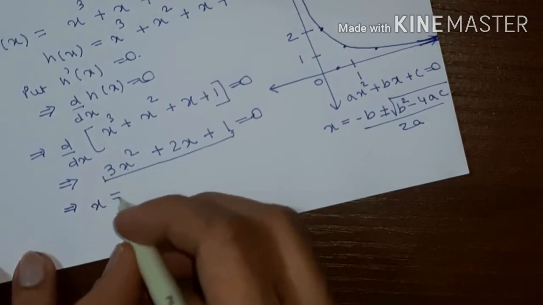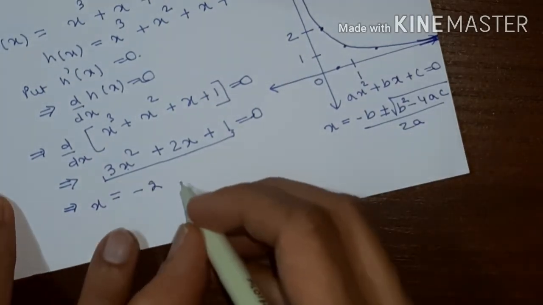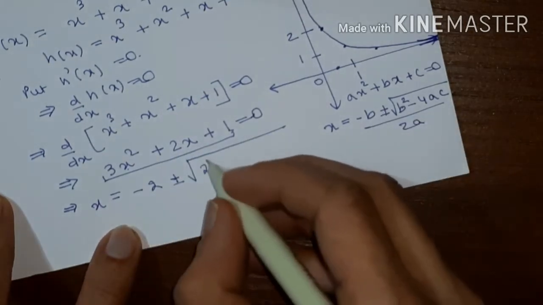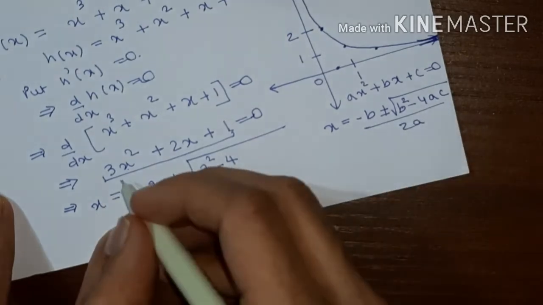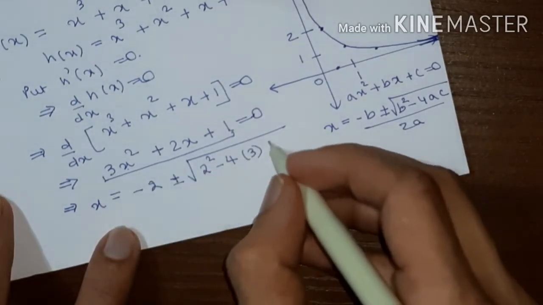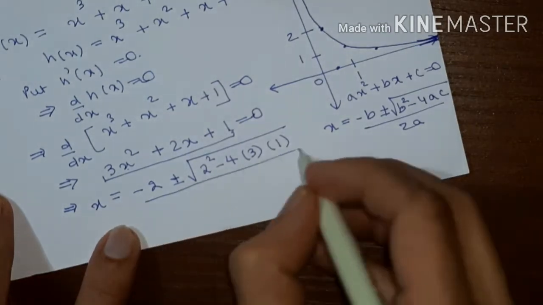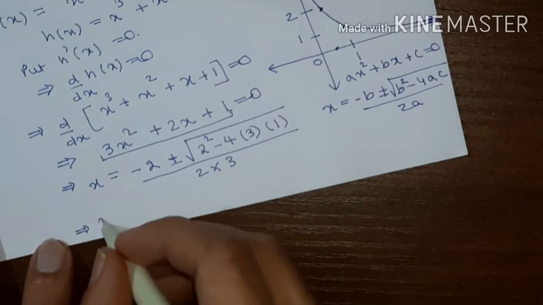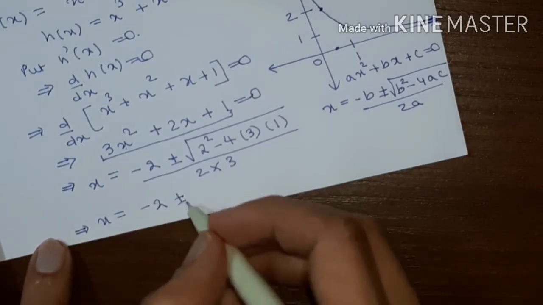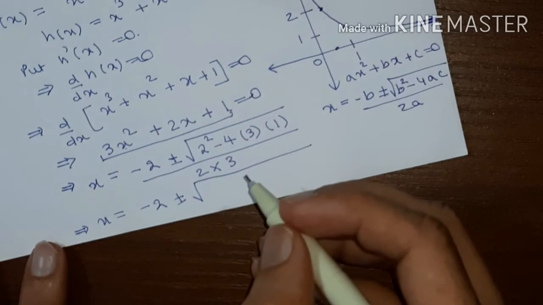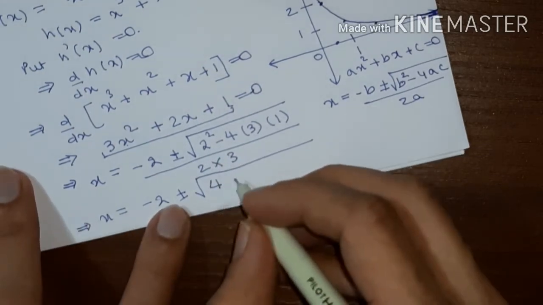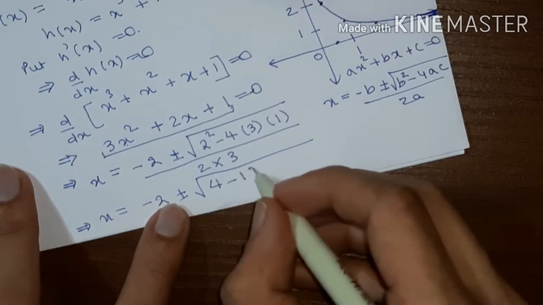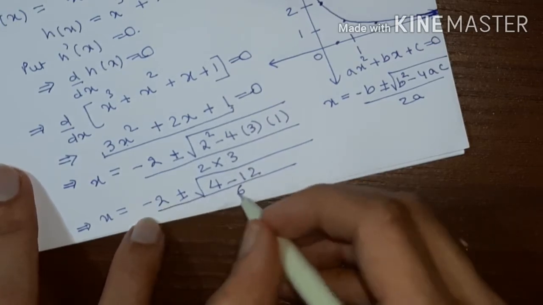So x is minus b, so minus 2, plus or minus root of b square, so 2 square, minus 4 times a, that is 3, times c, that is 1, divided by 2 times 3. So x is equal to minus 2 plus or minus root of 2 square is 4, and 4 multiplied by 3 is 12, so 4 minus 12, divided by 6.